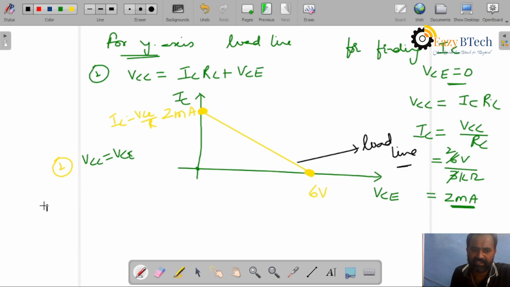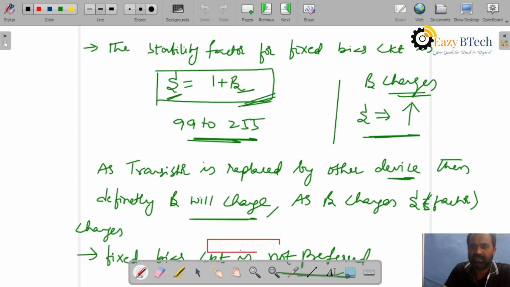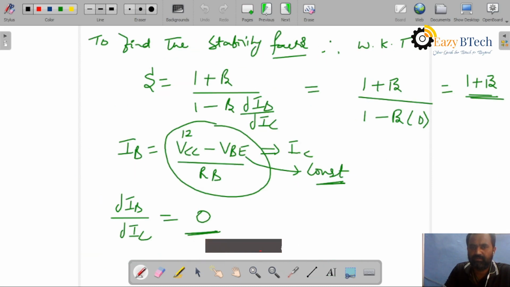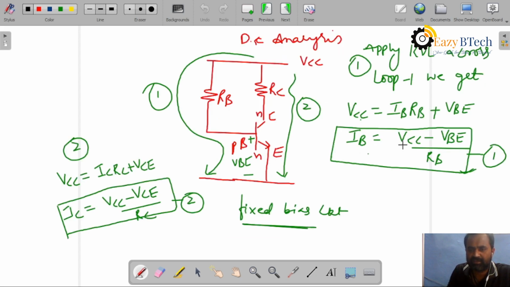We know that IC is equal to beta into IB. Now we know the value of beta, beta is 100, and to find out the value of IB, in the previous expressions you can clearly see, IB is equal to VCC minus VBE by RB.